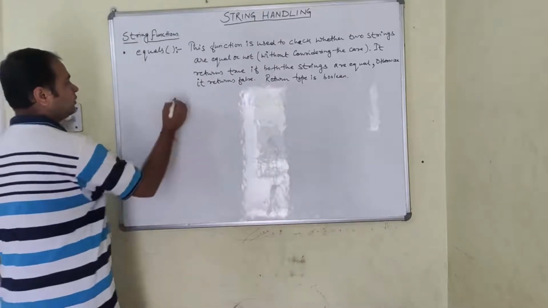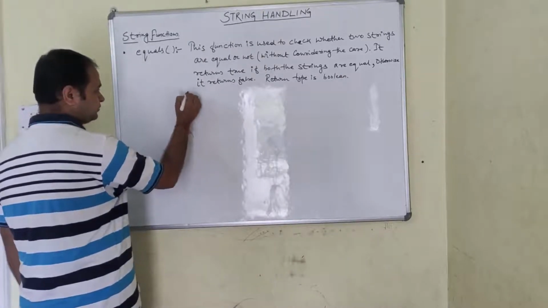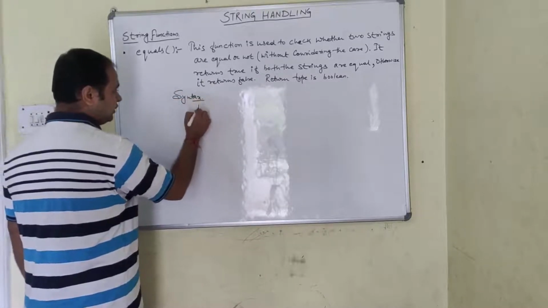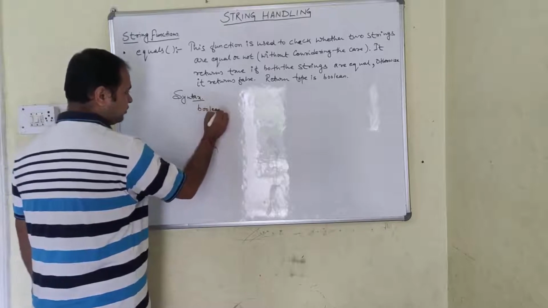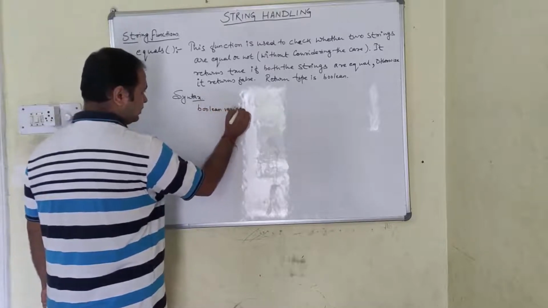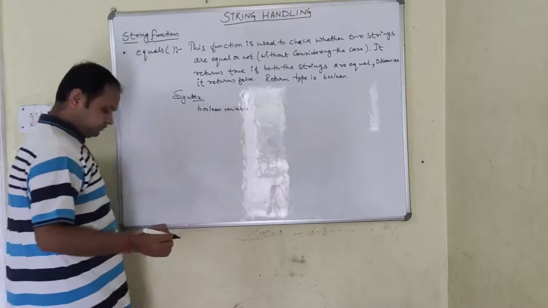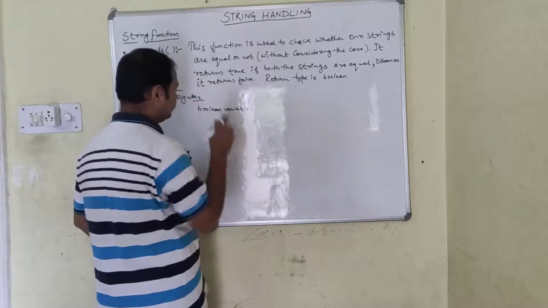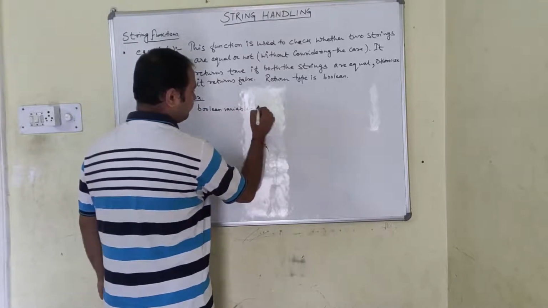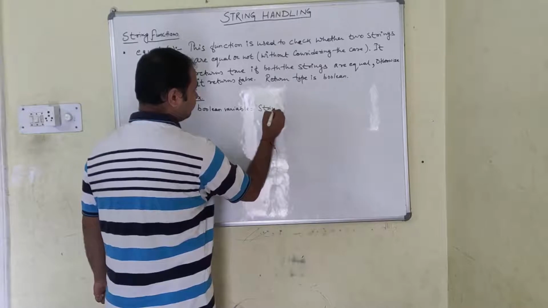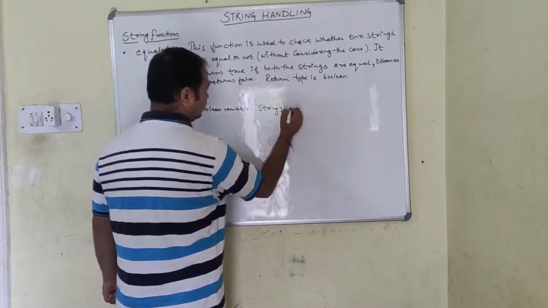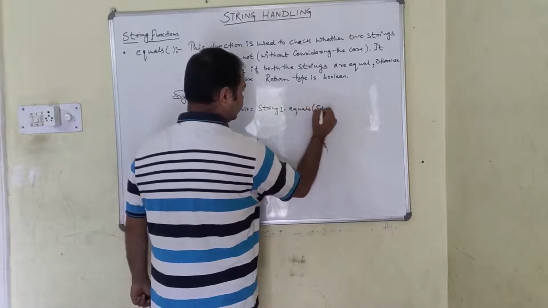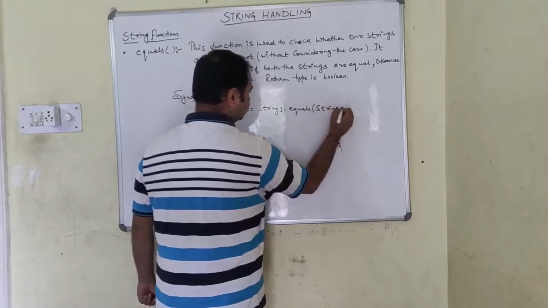Okay, now I am putting the syntax over here. So the syntax is Boolean variable is equal to string1.equals(string2).